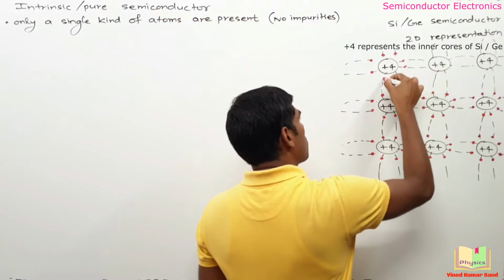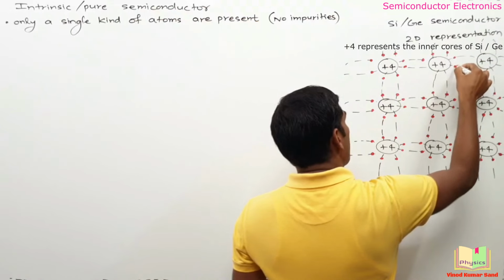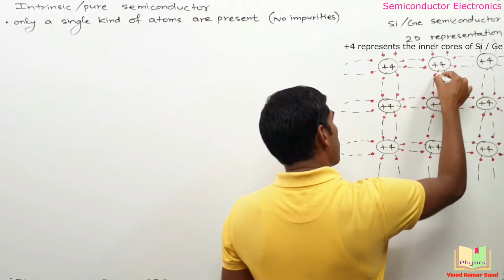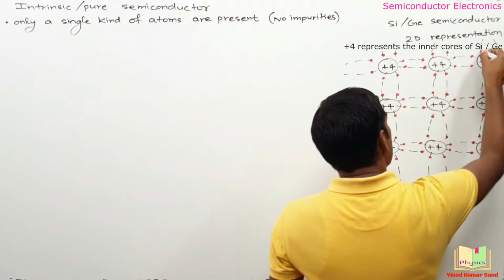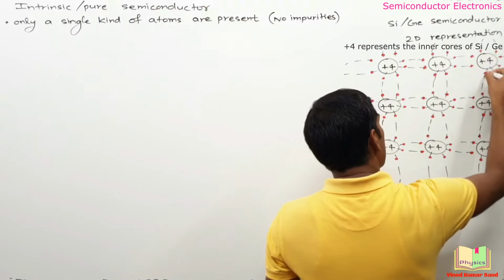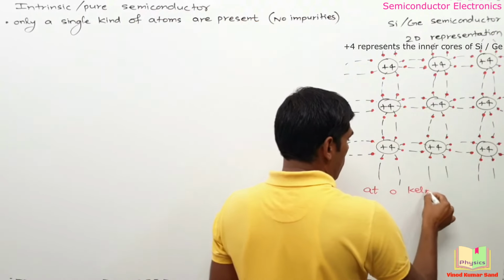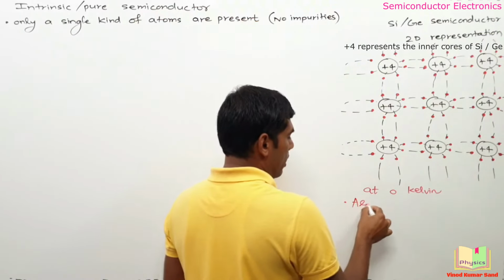At low temperature, all the bonds are intact. So suppose we are making this diagram at 0 Kelvin. Then all the electrons are bonded. There are no free electrons. At 0 Kelvin, all bonds are intact.